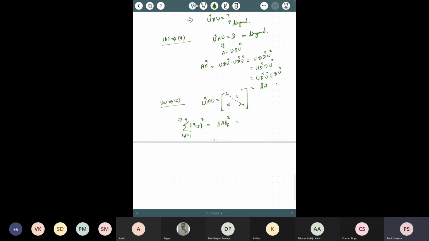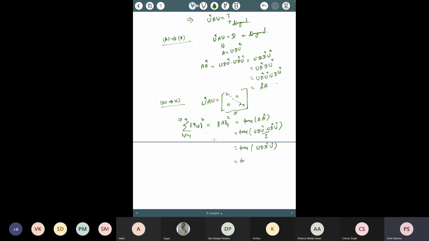the Frobenius norm of A square is the trace of A star A. If you call this diagonal matrix D, then A would be U D U star, and A star would be U D star U star. Then this is the same as trace of U D D star U star, because this is identity.